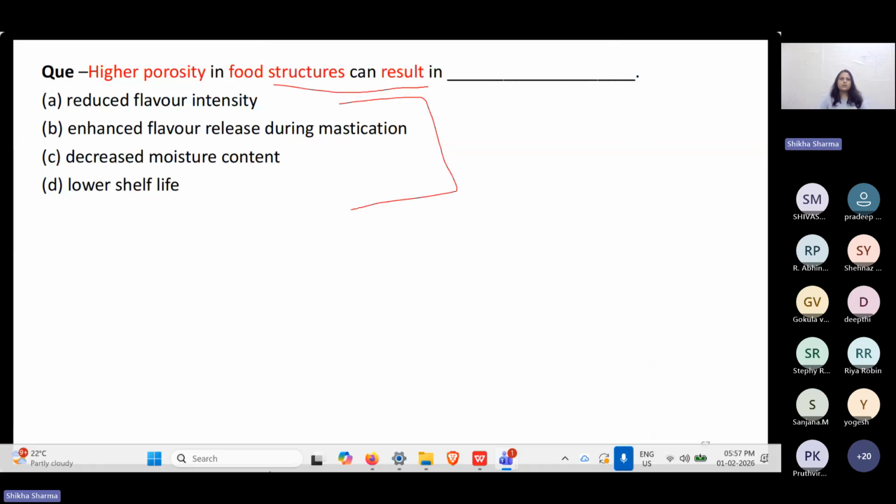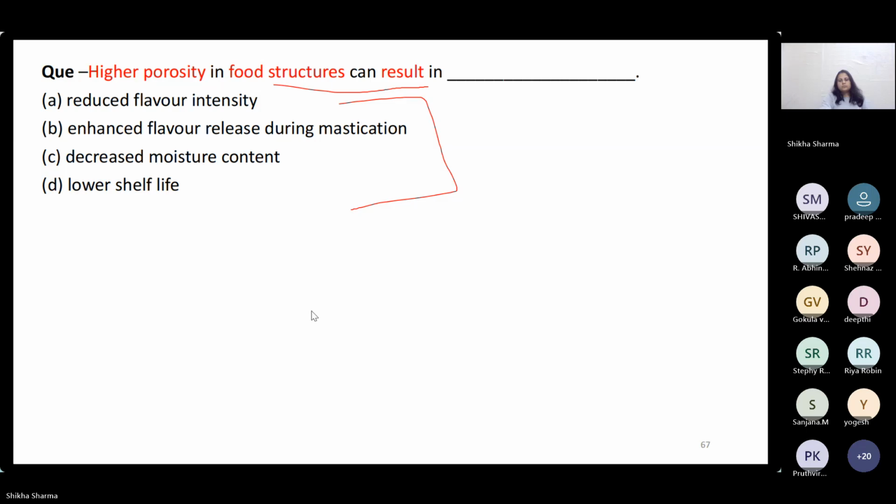Anyone who would like to answer this question? Shivaswami, Rajeshwari, C. Decrease the moisture content. Higher porosity, decrease the moisture content.